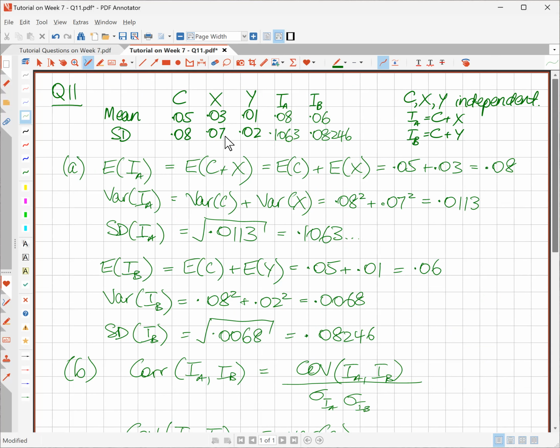Okay, so C is definitely the dominant component in the composition of IA and IB.